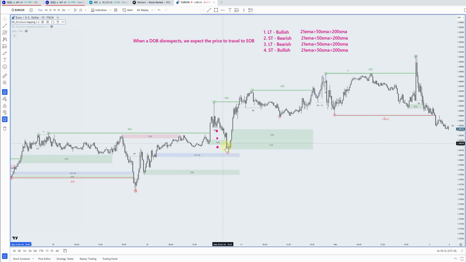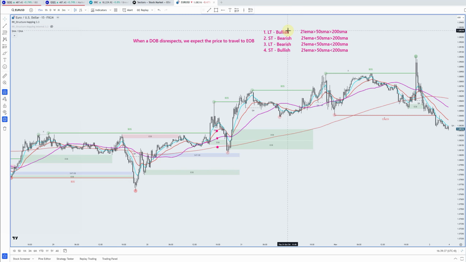Very simple rule: turn on the moving averages and check the rule. 21 EMA, the red line, is greater than 50 SMA and 50 SMA is greater than 200 SMA. No question. Simple buy. You have the bullish structure and this is not a disrespect. These moving averages are telling you that this is not a disrespect. Basically you are sitting on the bullish side.